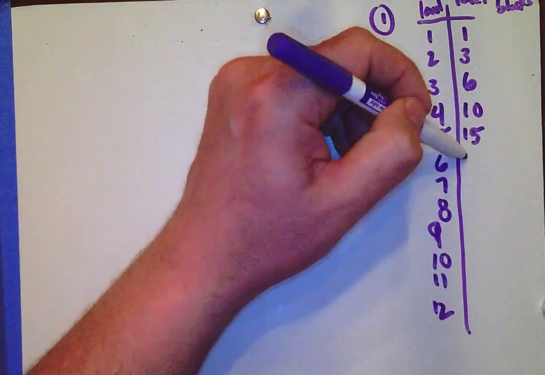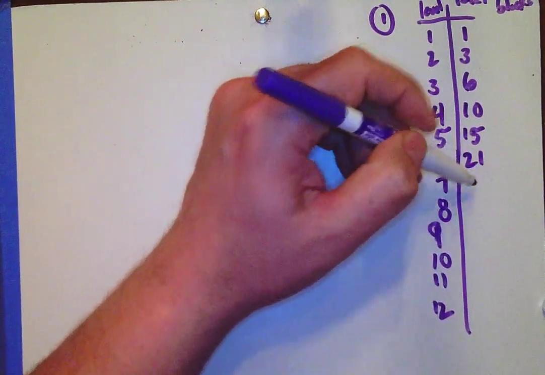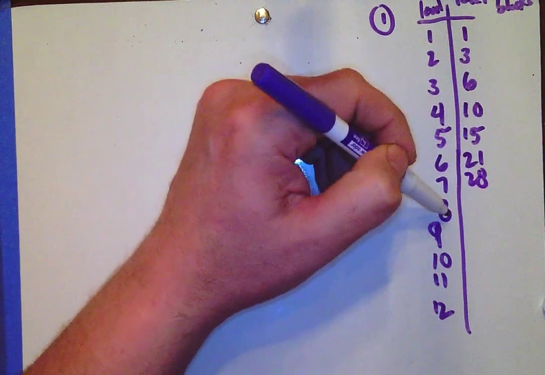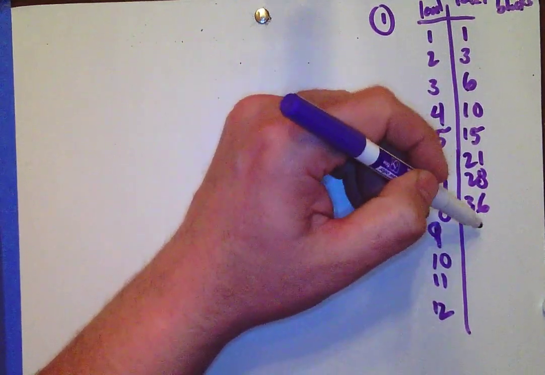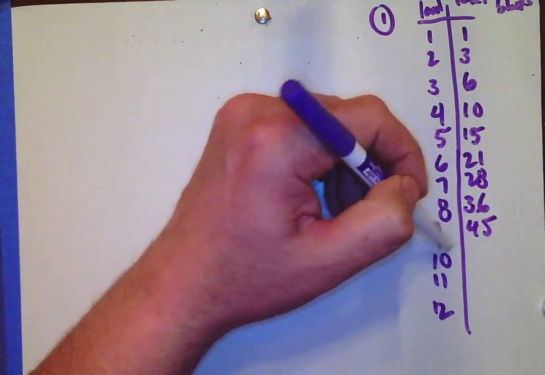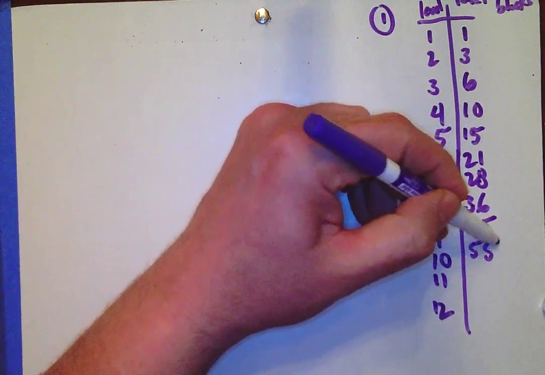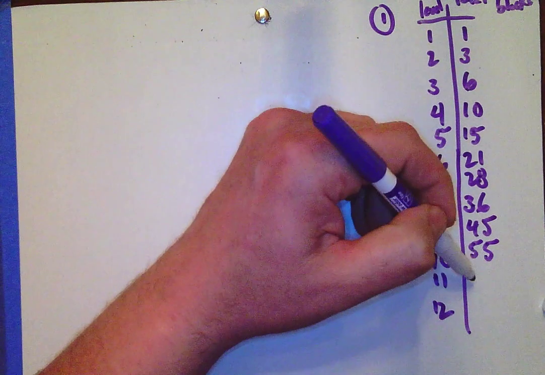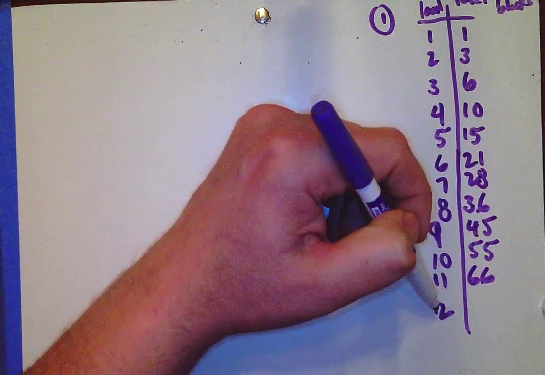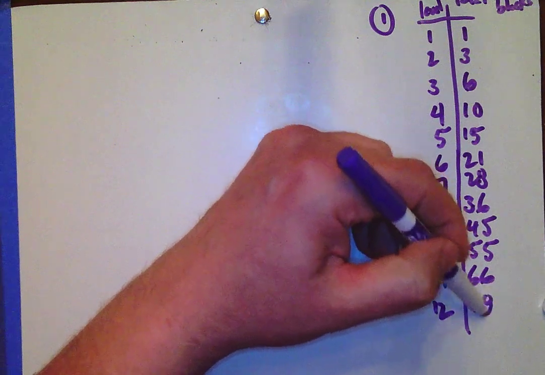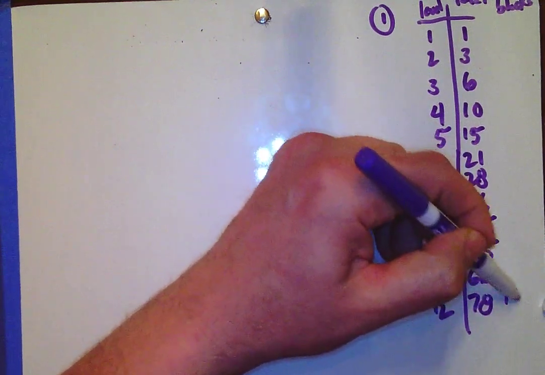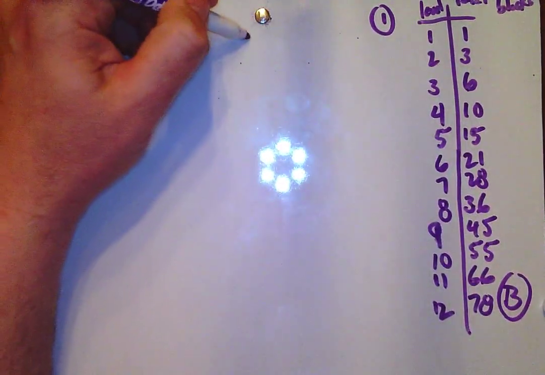So adding 6 to 15 is 21, adding 7 to 21 is 28, adding 8 to 28 is 36, adding 9 to 36 is 45, adding 10 to 45 is 55, adding 11 to 55 is 66, adding 12 to 66 is 78. So that's choice B, 78 blocks.